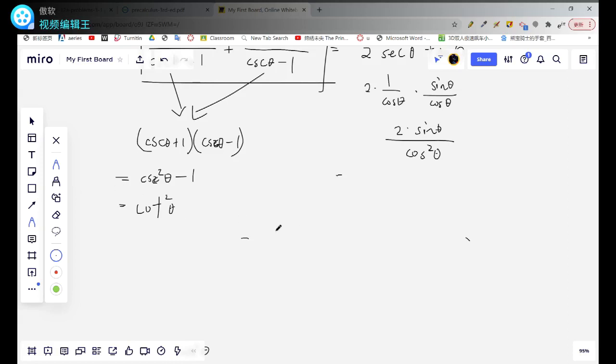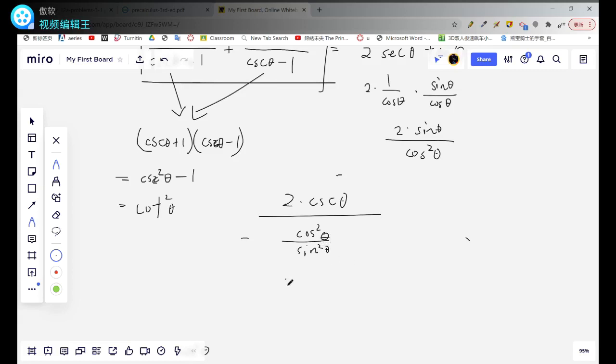Then this is equal to 2 times cosecant theta over cosine squared over sine squared theta.